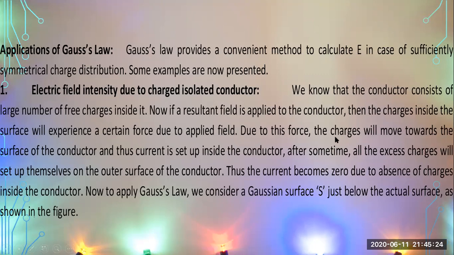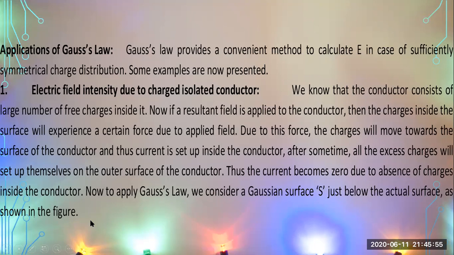Due to this force, the charges will move towards the surface of the conductor, and thus current is set up inside the conductor. After some time, all the excess charges will set themselves on the outer surface of the conductor. Thus, the current becomes zero due to the absence of charges inside the conductor. Now, applying Gauss's law, we will consider the Gaussian surface just below the actual surface as in the figure.